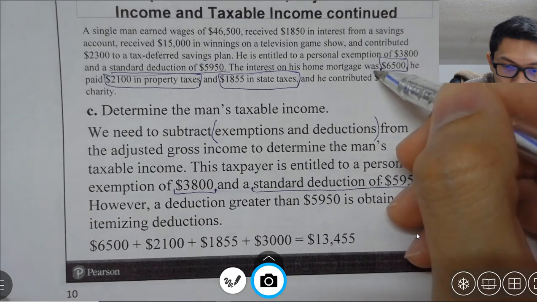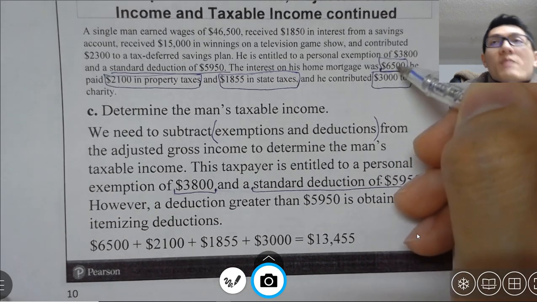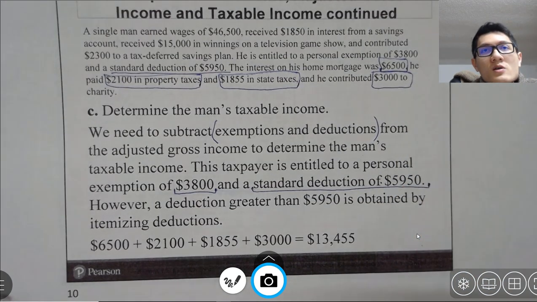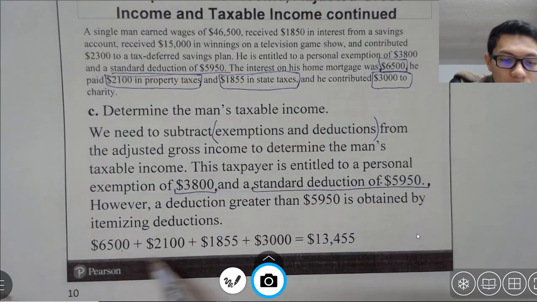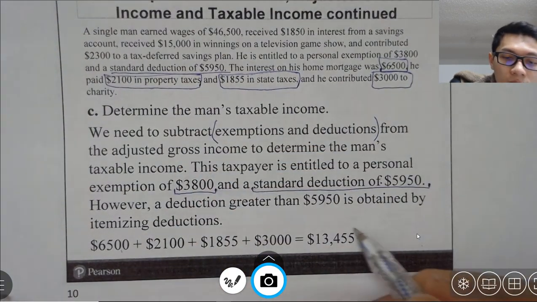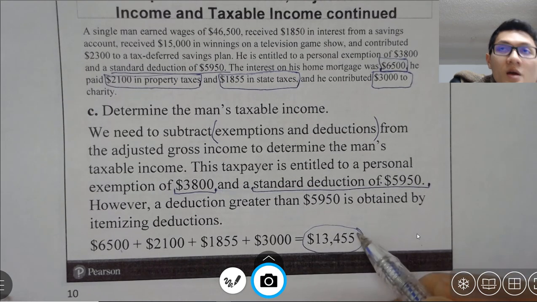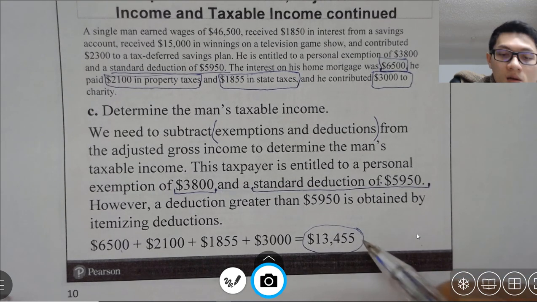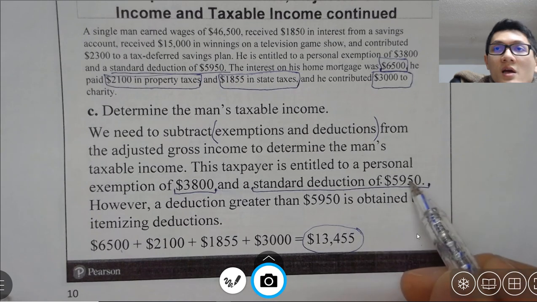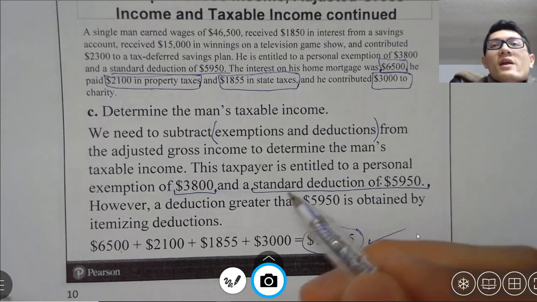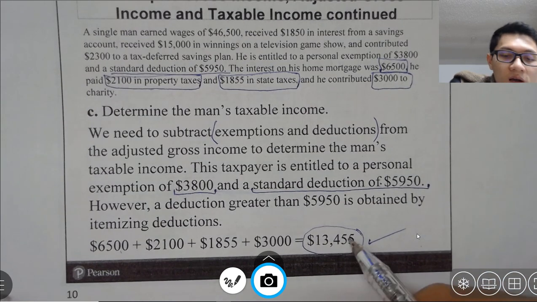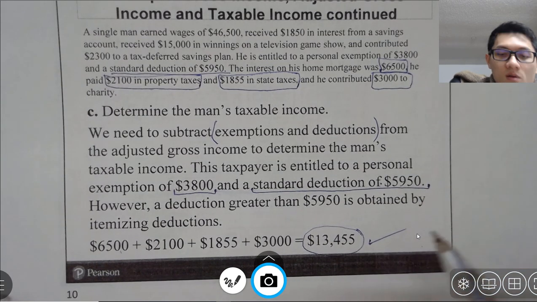So those are the money that he paid out. We have to add all of them together. If this number is bigger than the standard deduction, then we go with the bigger one. We don't take the standard deduction. If it's smaller than the standard deduction, then we take the standard deduction. If the number is bigger, we take this number here.